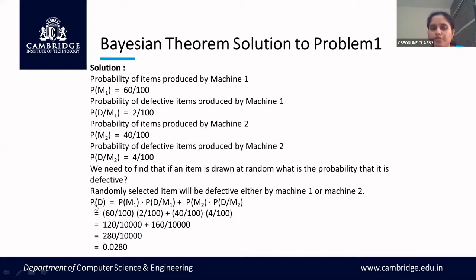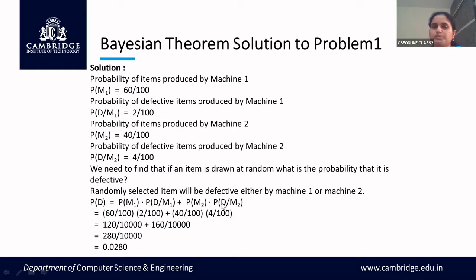So you need to find the probability of the defective item. This can be got by the probability of items produced by machine 1 multiplied by the probability of defective items, plus the probability of items produced by machine 2 multiplied by the probability of defective items produced by machine 2.